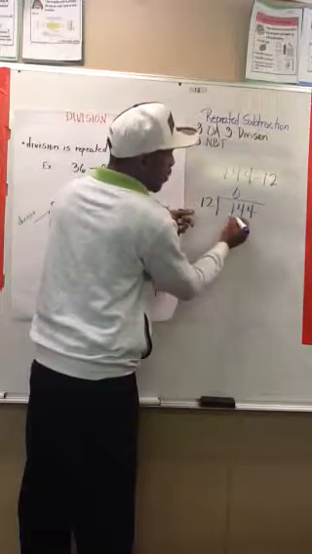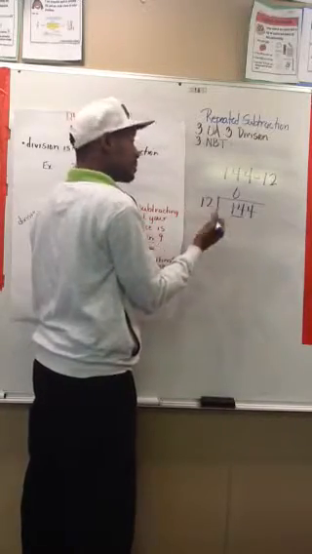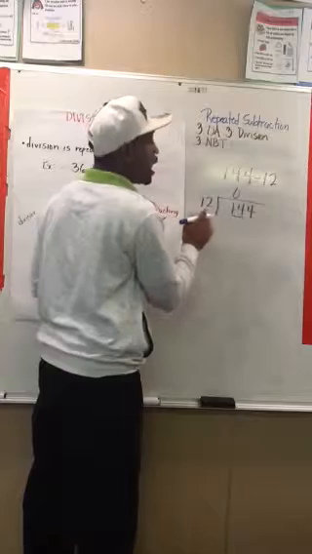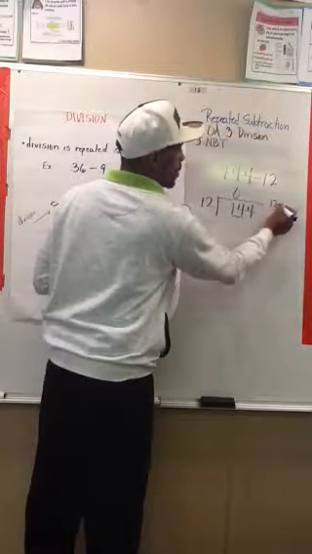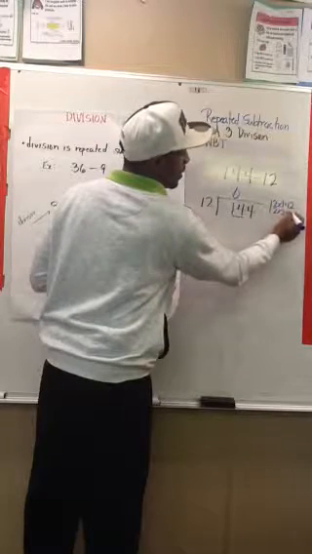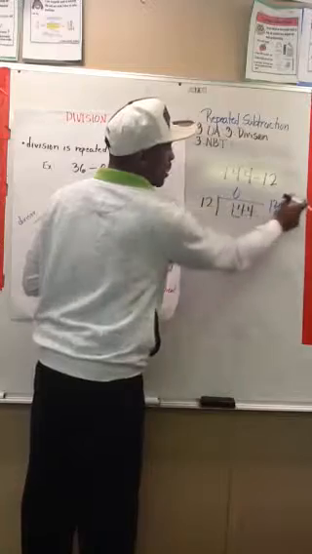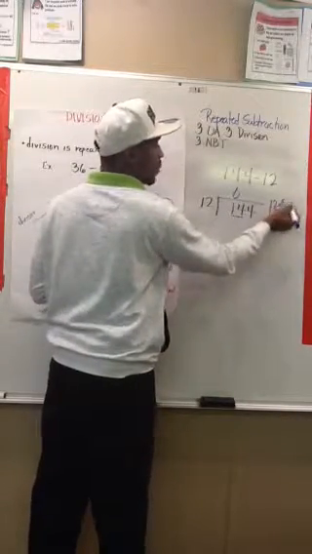Ask myself, can 12 go into 14? Yes, Mr. Gray, 14 is big enough. How many times can 12 go into 14? If I'm not sure, I can make a list of multiples for 12. I know 14 will fall between 12 and 24, but I want to take the factor that's less than where I am.